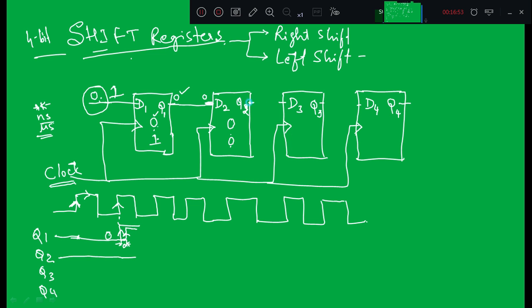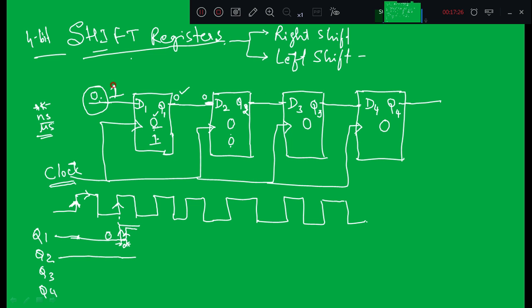Now I'll finish this circuit, a 4-bit shift register. The output of the previous flip-flop is connected to the input of the next flip-flop. Initially 0 was loaded in the first flip-flop, and all the contents were 0. Now I'll apply the first clock pulse and we get 0 here, and the remaining outputs will remain 0.